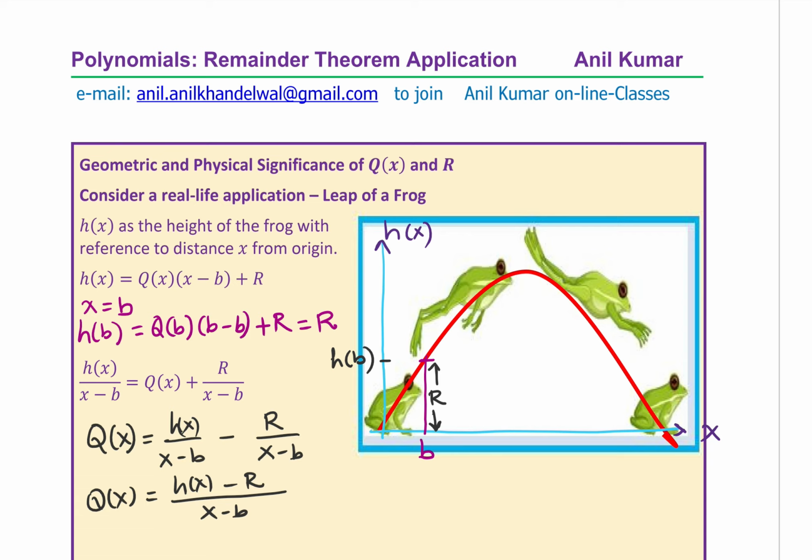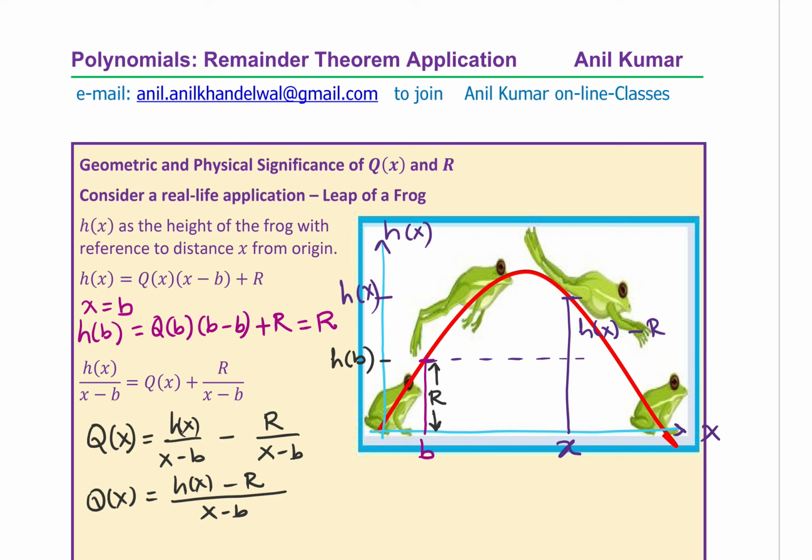Well, h of x is what? At any instance of time x, let us say we take a point x here. In that case, the height is given by h of x, right? So that is h of x. So h of x minus r is what? Well, it's the difference of these heights. So this is h of x minus r.